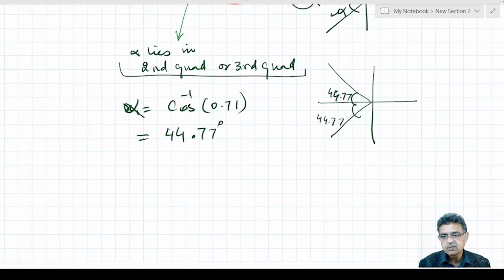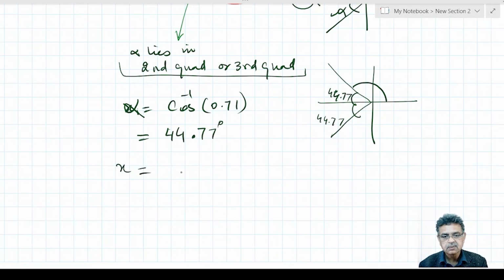Now, if it is 44.77 here, then what should be this angle? That will be 180 minus answer. Its value is 135.23.